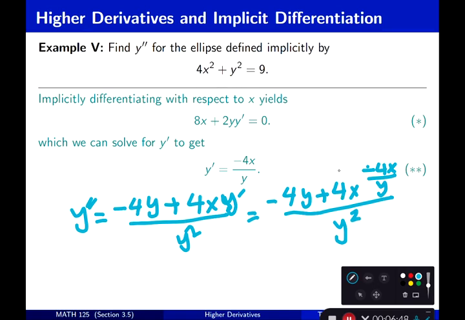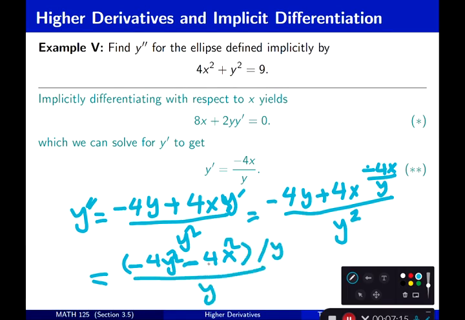And with a common denominator, you get minus 4y squared minus 4x squared divided by y to the second.